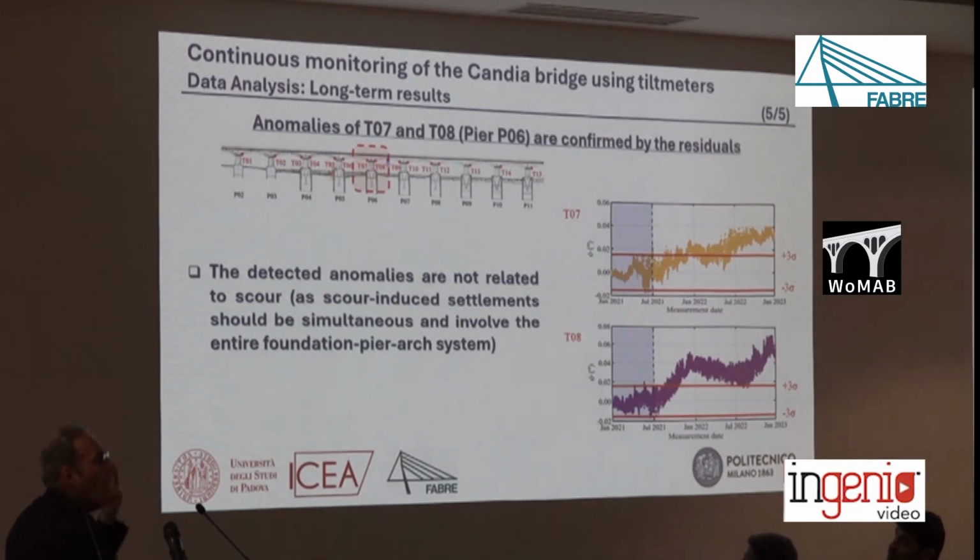But 2 comments are needed. First of all, the increase of rotation is very, very low, in the order of 0.04, 0.06 degrees. In addition, as you can see from this plot, but also from the previously shown plot, the 2 settlements are not simultaneous.